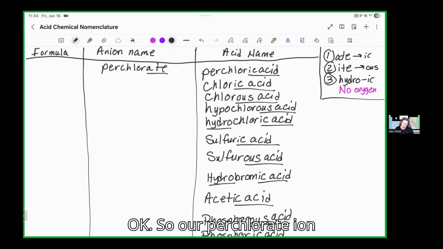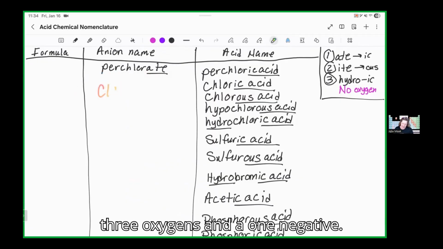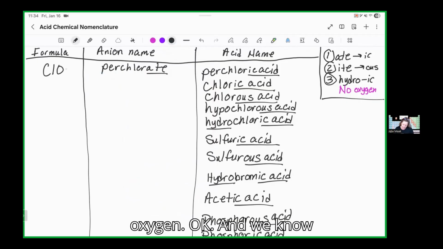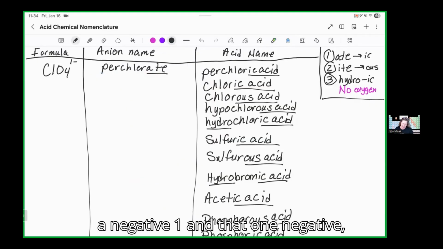Okay. So our perchlorate ion, we know that from clam, sorry. We know that the chlorate has 3 oxygens and a 1 negative. So the perchlorate has 1 more oxygen. Okay. And we know the charge on that from clam is a -1, 1 negative, right?